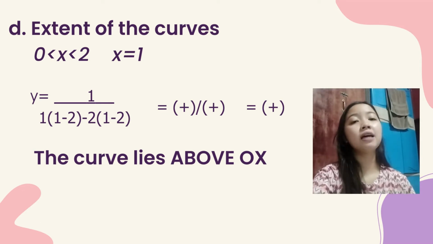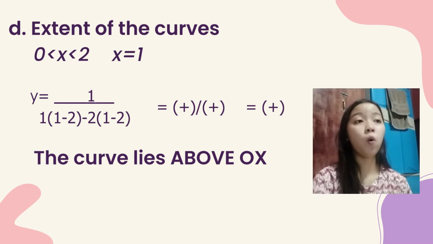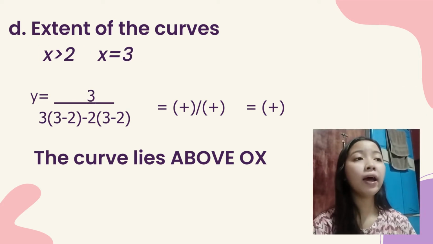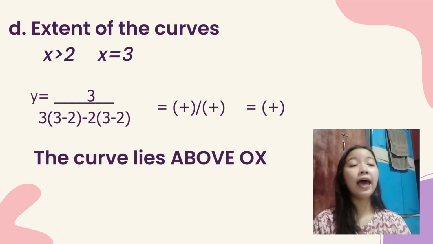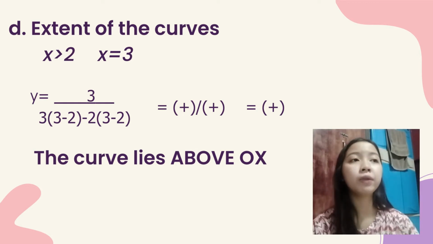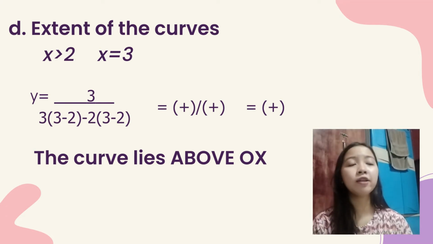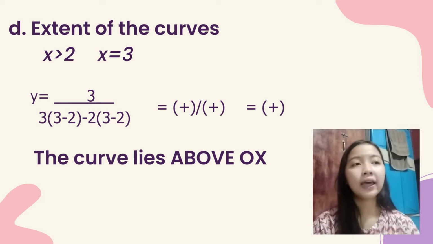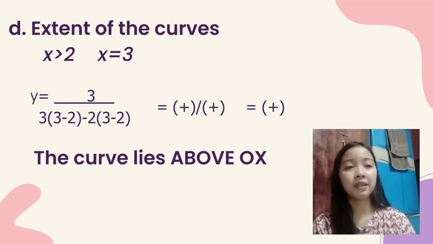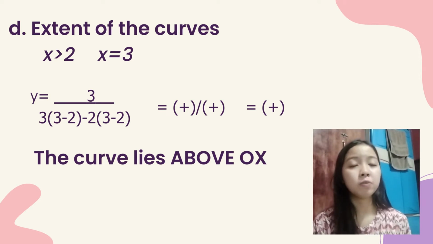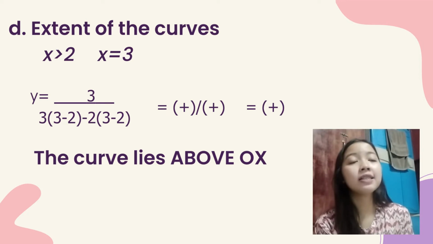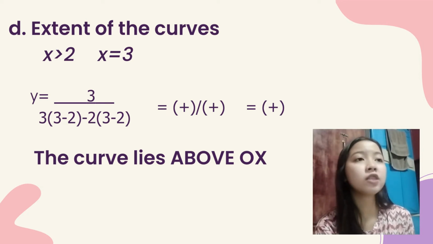Therefore the curve lies above the x-axis, or the OX. For number 3, we will find where x is greater than 2. So x will become 3. Then y equals 3 all over 3 times the quantity 3 minus 2 times the quantity 3 minus 2. Again, it is positive over positive, so it is positive. Again, the curve lies above the x-axis, or the OX.